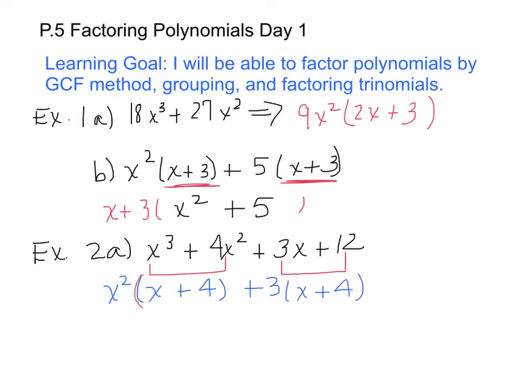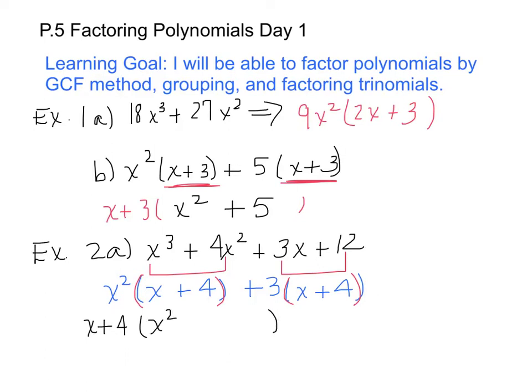Now if you notice, see this in parentheses? It's exactly the same. So it's going to be back to how we did example 1B. You factor out what they have in common. So they both have an x plus 4. And then you write what's left.